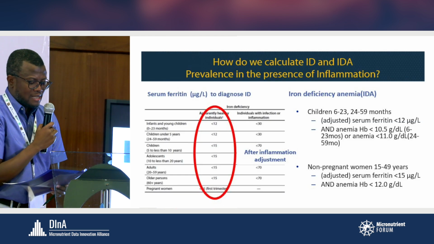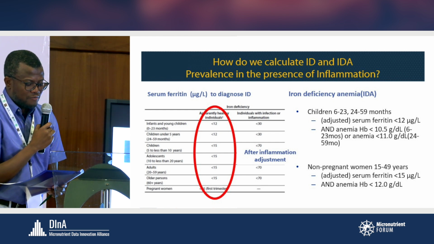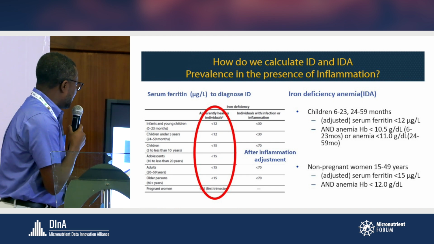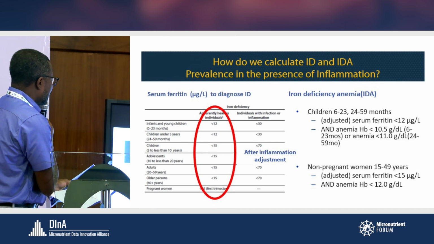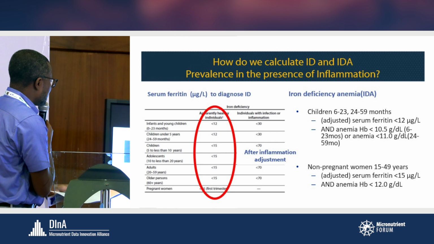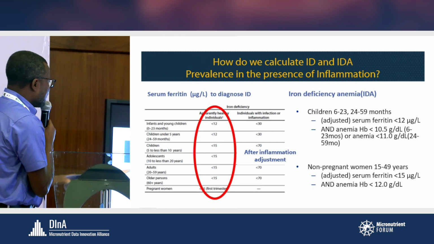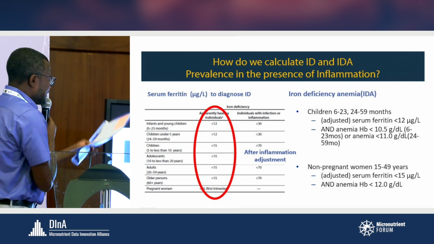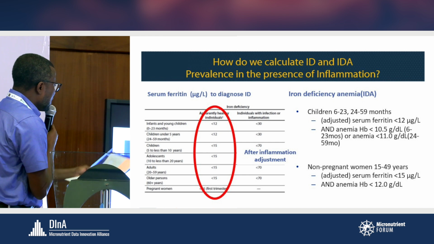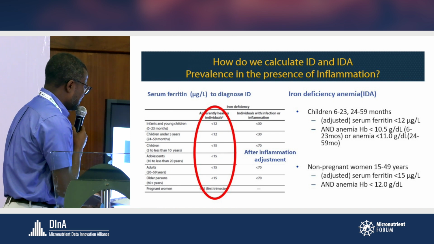So how do we calculate iron deficiency and iron deficiency prevalence in the presence of inflammation? On the left side is the WHO report, the thresholds for defining iron deficiency. In settings of inflammation, after we adjust for inflammation, we still use the same threshold. This is what we are trying to do to diagnose iron deficiency.